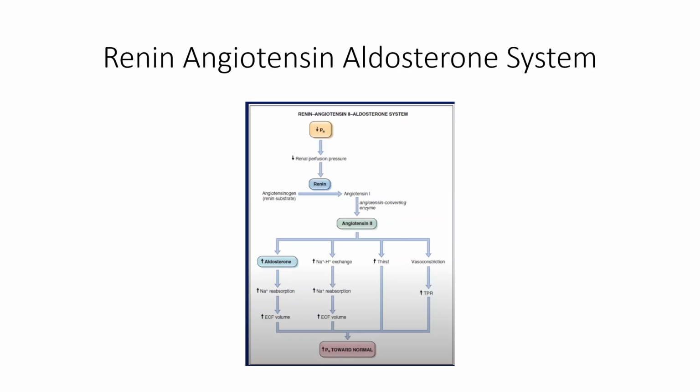Aldosterone is coming from your adrenal gland, and all of them coordinate together to maintain water balance in the body and blood pressure in the body, and modulating the release and absorption of ions, water, and so on.